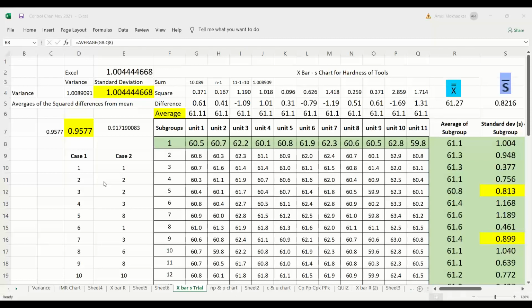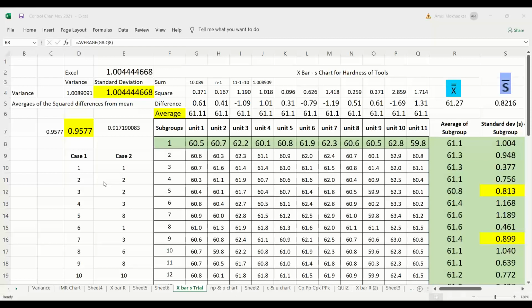What data will be there? The name is X bar, so X bar has to be there. We have to plot the average and the standard deviation. In the X bar R chart, you plotted the X bar value, that is the averages of the subgroup, and the range of the subgroup.